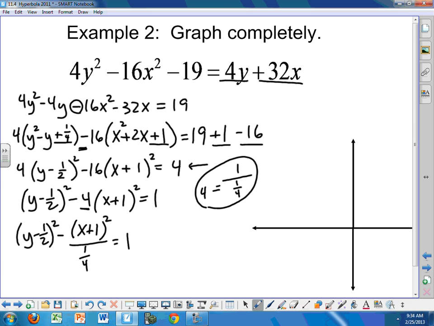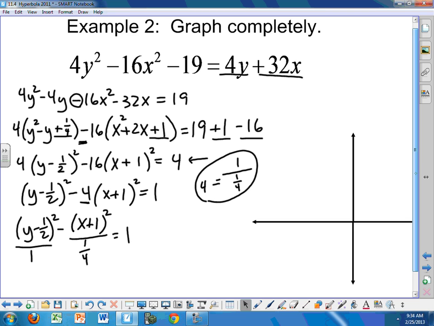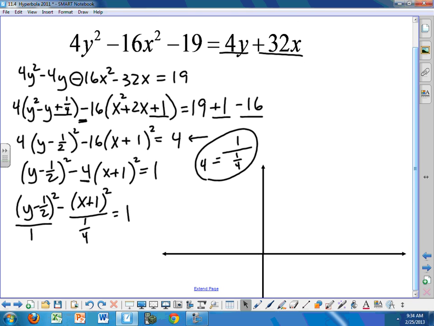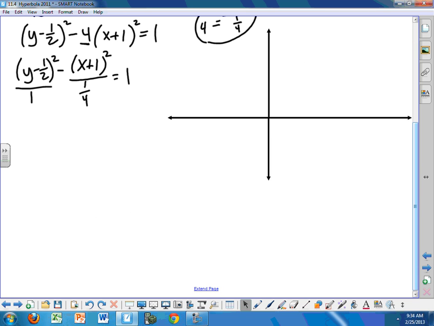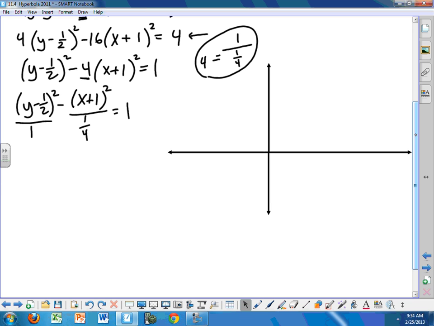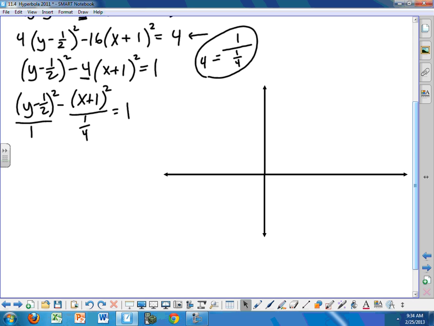And just for fun here, I'm going to put the y minus a half squared over 1. What we've managed to do here is put it in standard form, and that's going to help us because now we can graph it. I'm going to slide over our Cartesian plane, and now with all the information that we have, we ought to be able to graph this guy. Of course, I'm going to start to build my box over here.